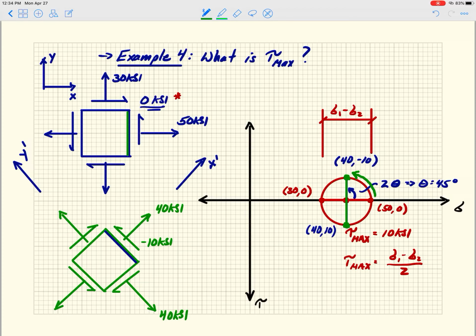So I can give you a problem like this where I give you, let's say, a principal state of stress, and then say, tell me what the maximum shear is. The correct answer is not 0. The only way it would be 0 is if this guy here somehow equaled that guy there.